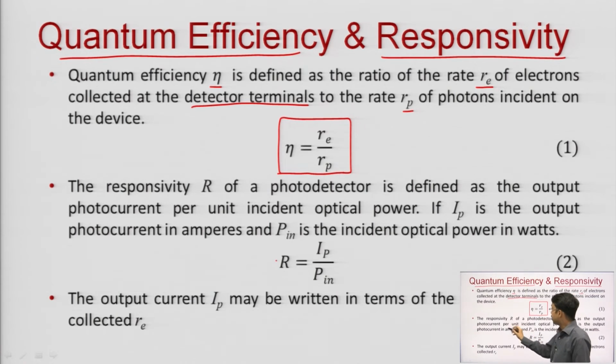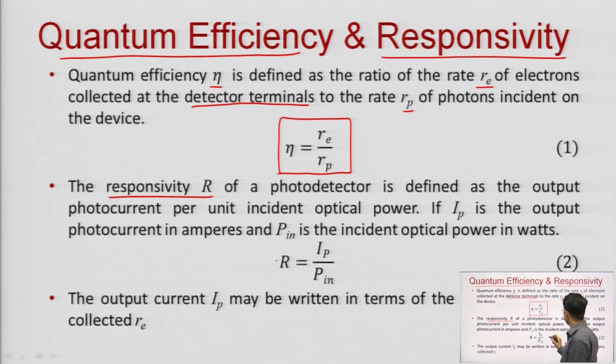Next term is responsivity R of a photodetector, which is defined as the output photocurrent divided by incident optical power. How much current is flowing in the output circuit of the photodetector divided by how much optical power is incident on the device. Okay.